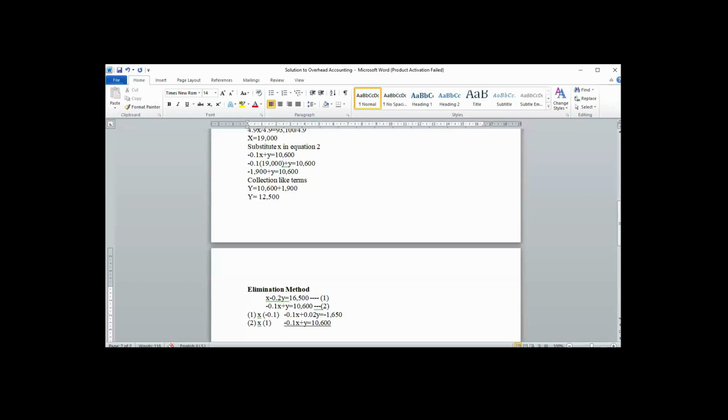What can we now do to eliminate this one that will make that one to be 0? You times it by minus 1. Which one are we meant to times? The second equation.